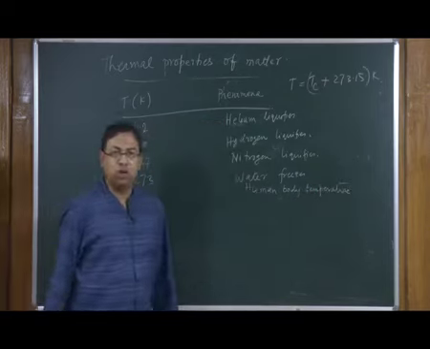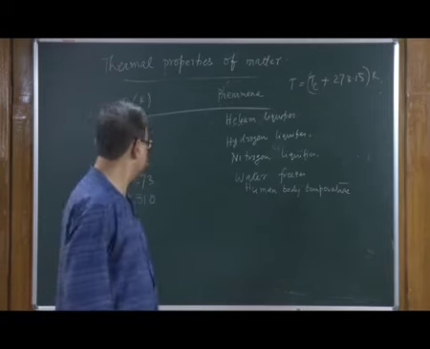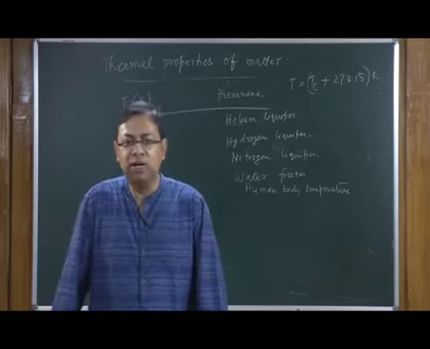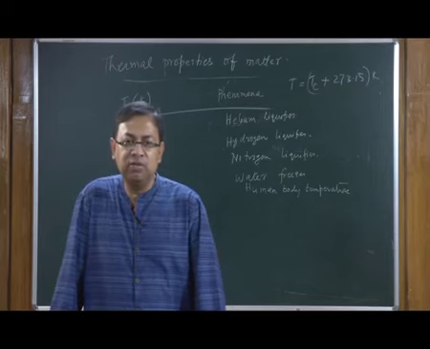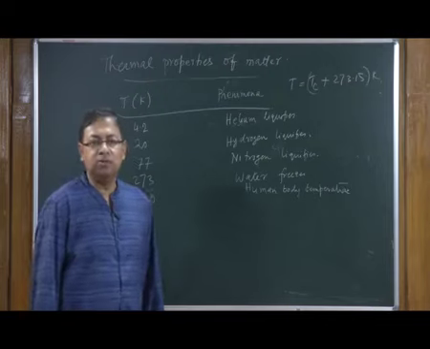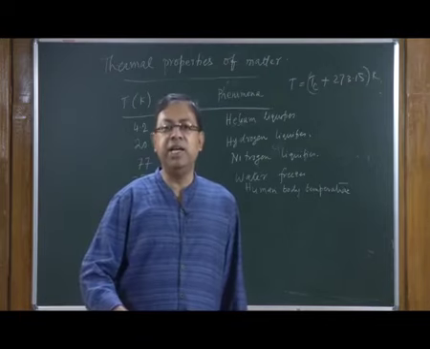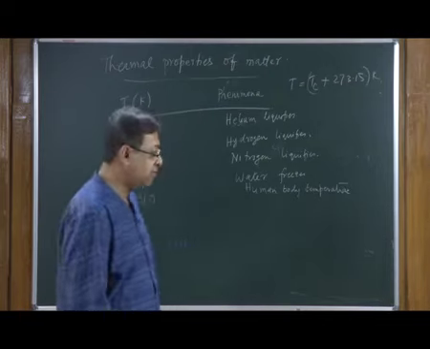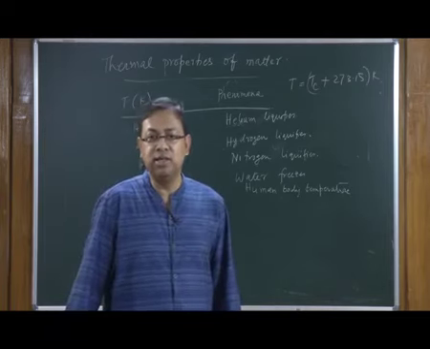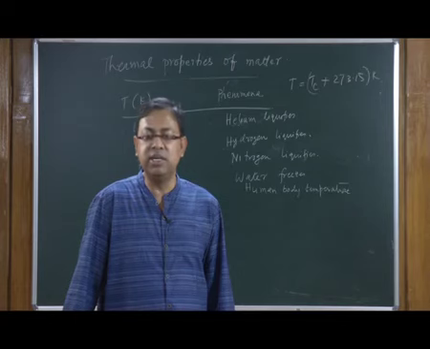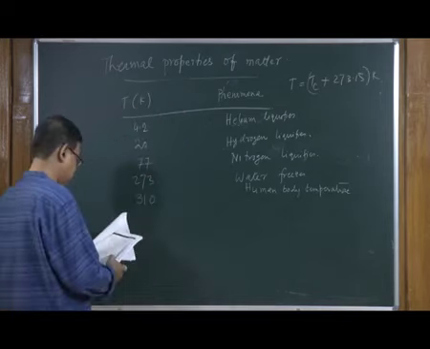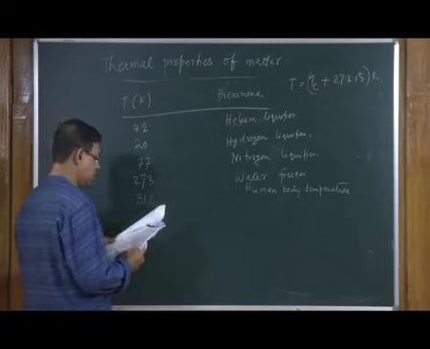As I told you, the doctors will never tell you 310 Kelvin is the body temperature that you have, or you have a little more than that if you have fever. They will say that it's over and above 98.6 degree Fahrenheit, or in some exceptional cases they will talk about 37 degree centigrade, which is a normal body temperature, but it is not usually quoted in terms of Kelvin.